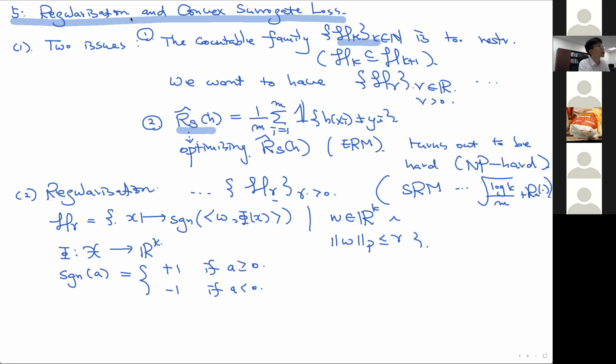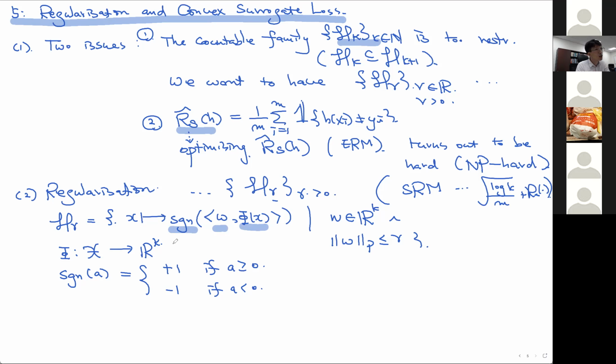So each hypothesis has this form: you first embed x into k-dimensional Euclidean space using phi, then take an inner product with w, so it's really a linear function, and then take the sign. If it's non-negative, you return +1, otherwise -1. This is a very general class, linear functions.